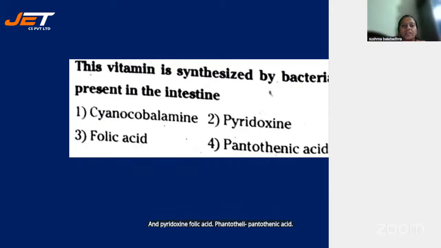Which vitamin is synthesized by bacteria present in the intestine? What is the correct answer, students? I expect everyone is doing a good job.